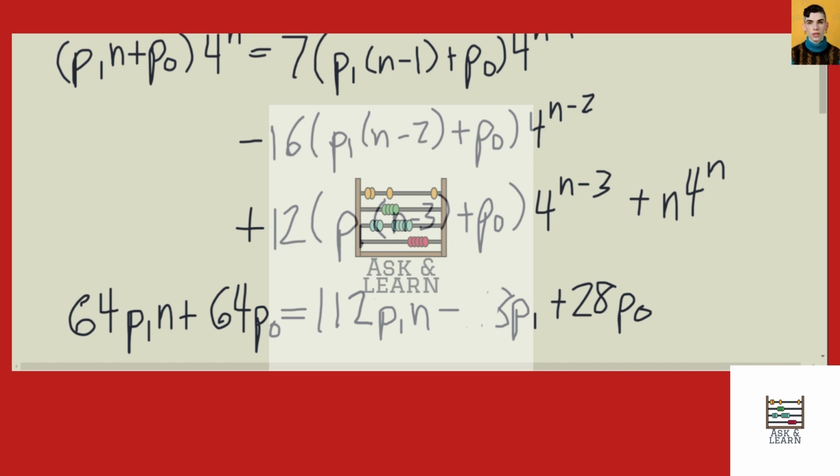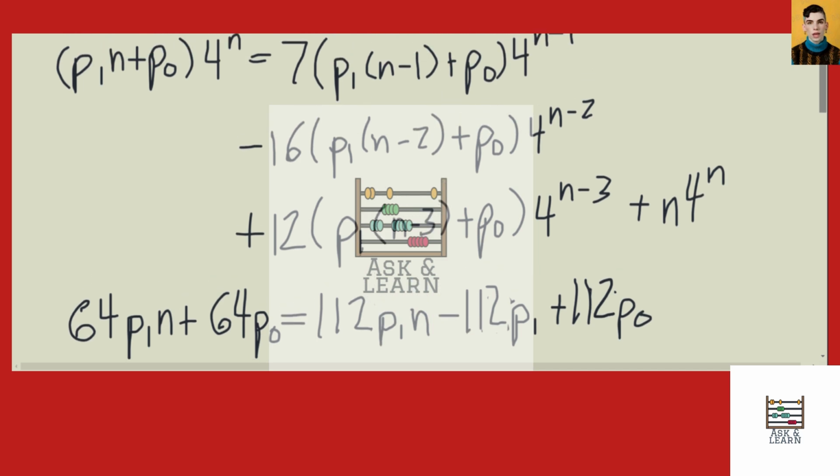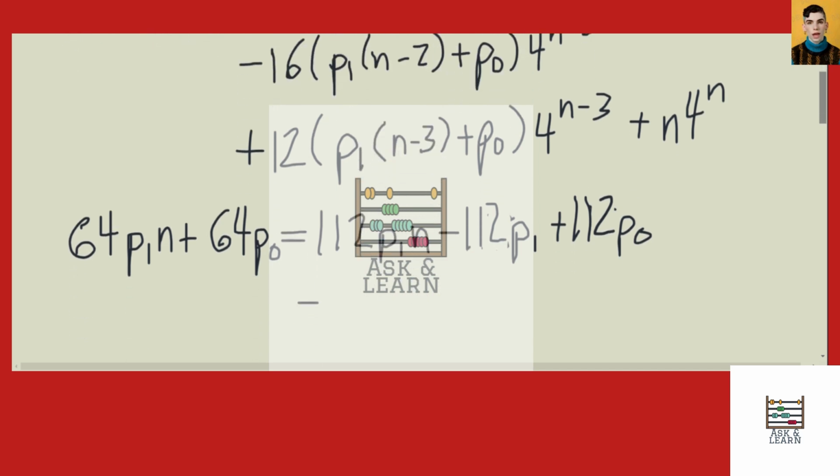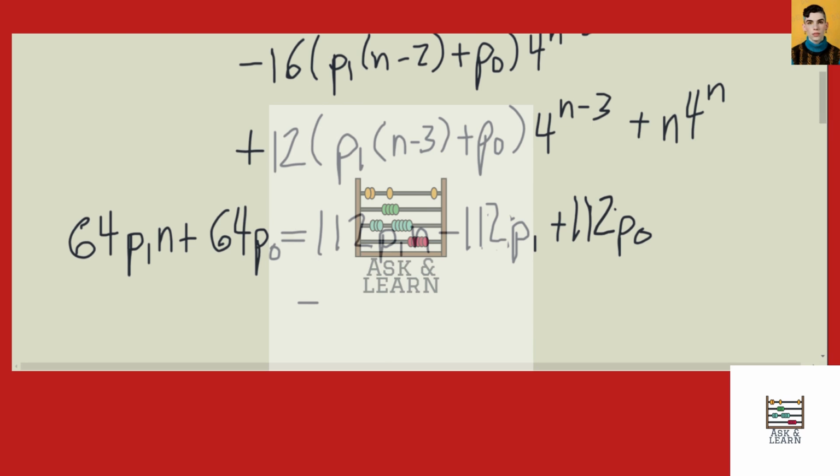So we have 112 p_1 n minus 112 p_1 plus 112 p_0. And then we have minus 16 times, this is just 4, which is minus 64 p_1 n.